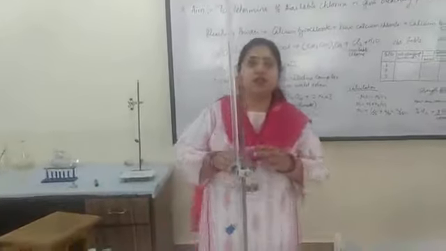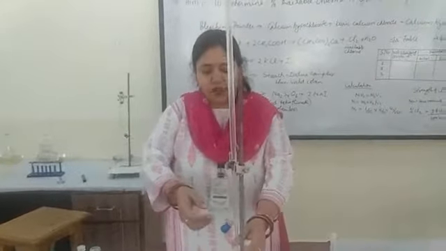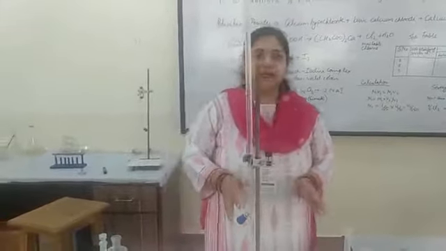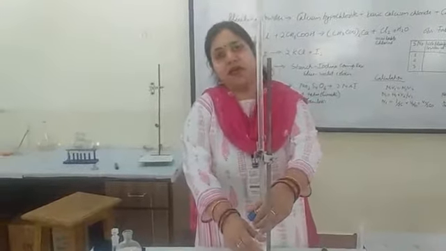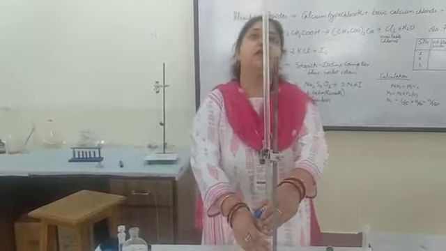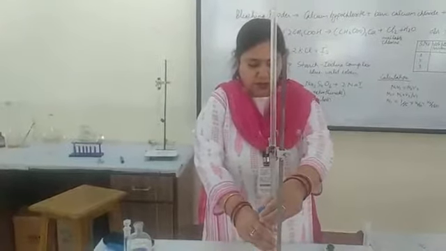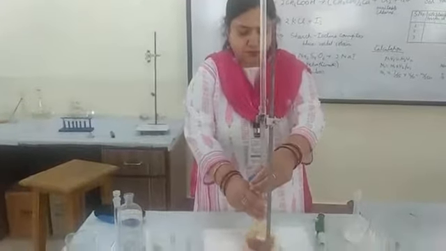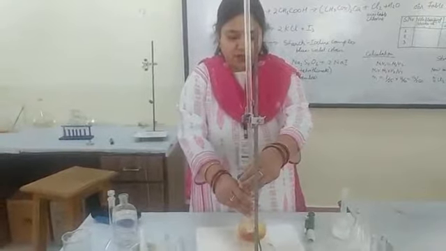This is because of the liberation of iodine in the solution. Then we will start titrating, and we will titrate until a pale yellow color appears. The initial reading is 0, and after pouring some amount of hypo solution, we will get a pale yellow color.